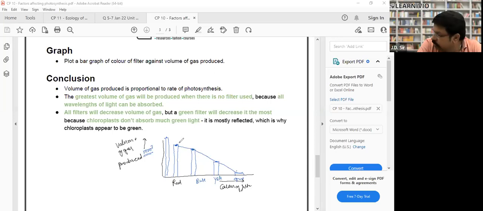The wavelength of the red light is 700 nanometer. So PS680 and PS700, both of the photosystems will work in the presence of red light and white light, right?